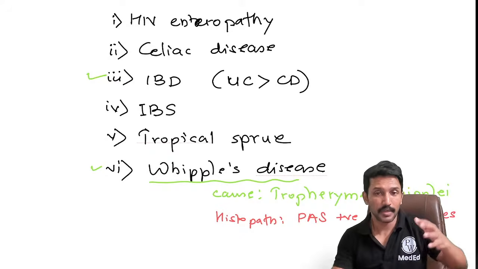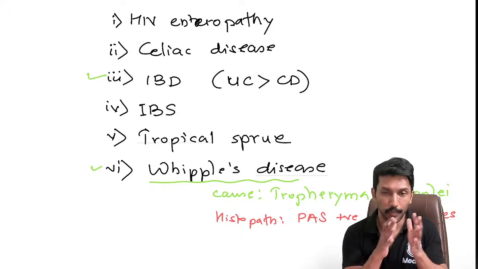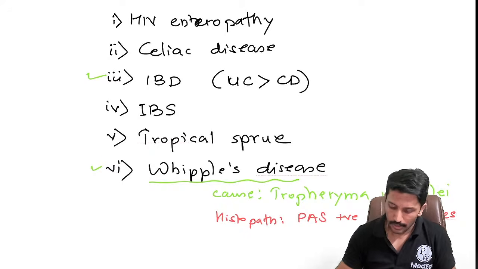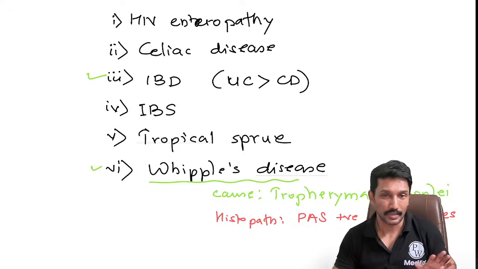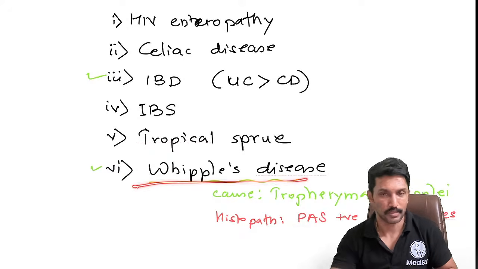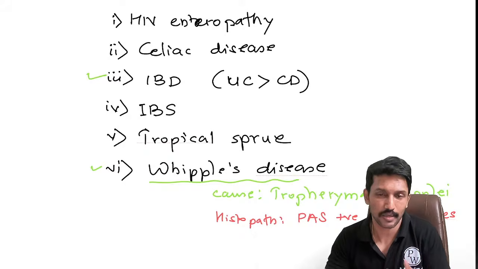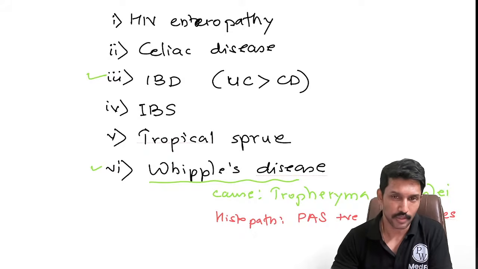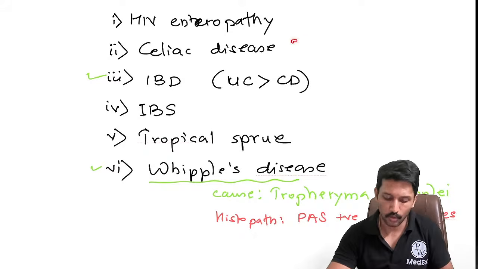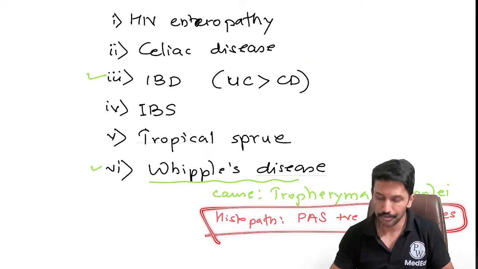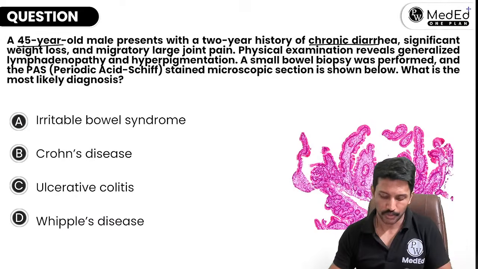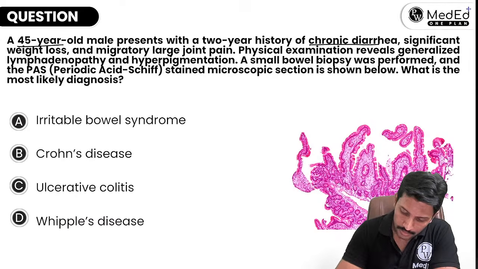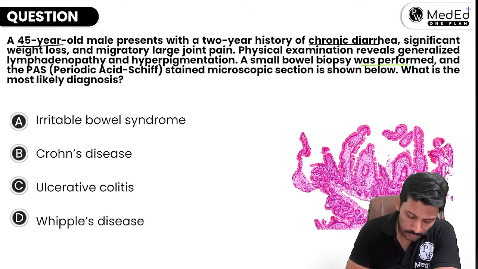Not highly specific, but if you have a patient with chronic diarrhea and histopathology showing PAS positive macrophages, it is highly suggestive of Whipple's disease. The other changes like crypt hyperplasia and villus atrophy may be seen here as well, but they are not specific. So this is a potential clue on an MCQ. Okay. So now when I look at this question, they have mentioned clearly that a biopsy was performed and it shows PAS positive.